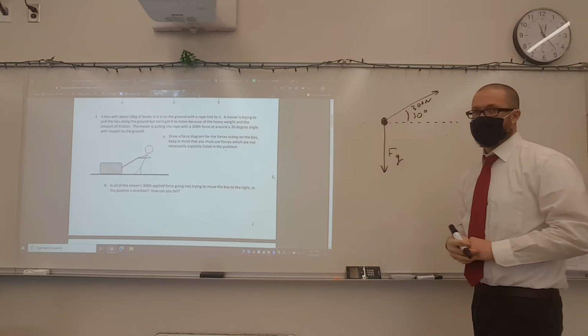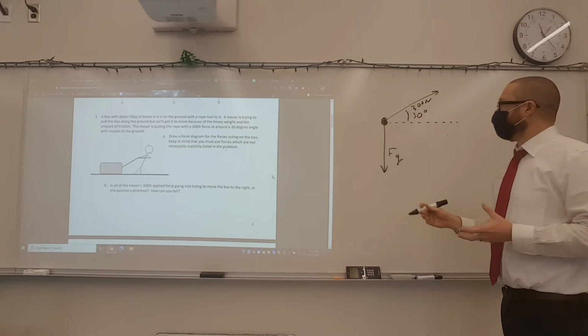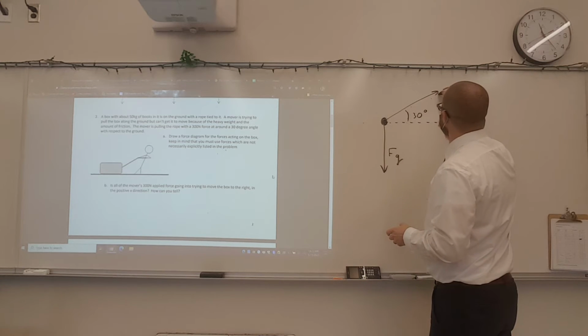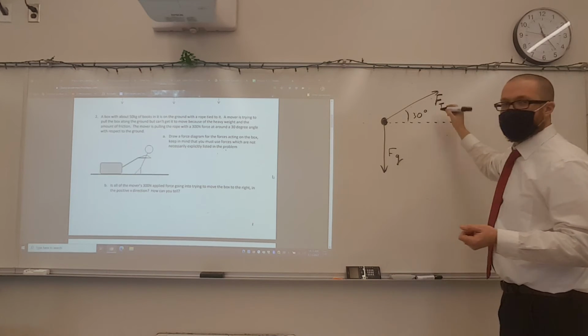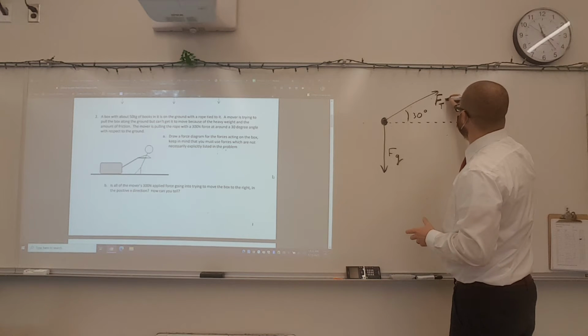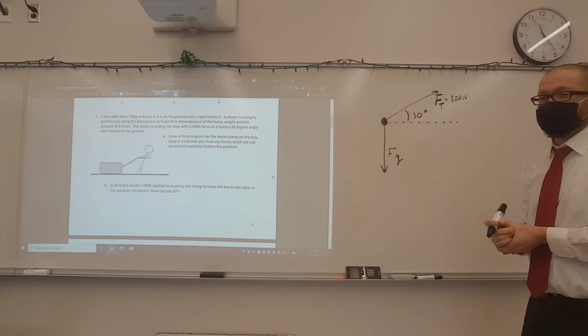Maybe I should give that a name rather than a number. This is the force of the pull, or typically if it's a rope, we call it a force of tension. That's equal to 300 newtons at an angle of 30 degrees.